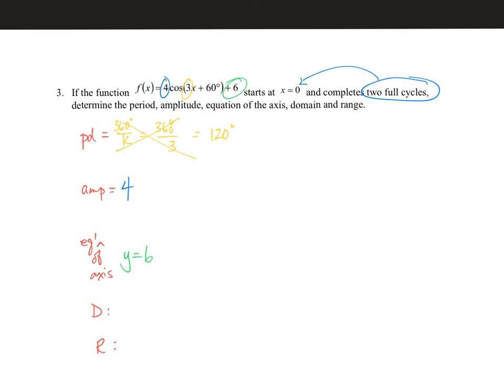Okay, the last part that I think you should have been pretty comfortable with is your range. My range is my y values. Since my graph had a vertical stretch by a factor of 4, my old maximums that used to occur at 1 and -1 get stretched to exist at 4 and -4. I don't even really care about the position of my graph. I know it's in here somewhere.